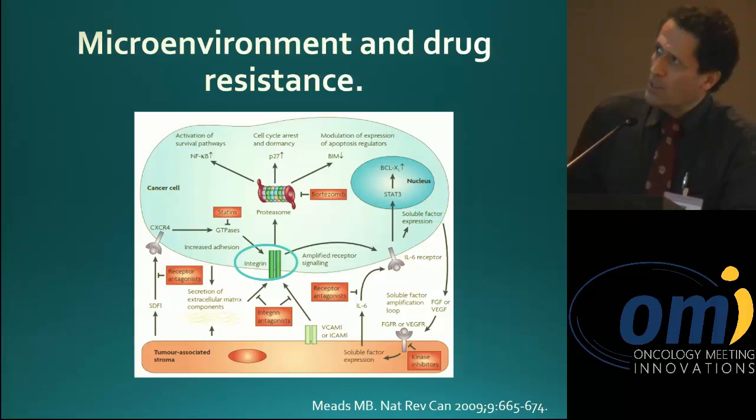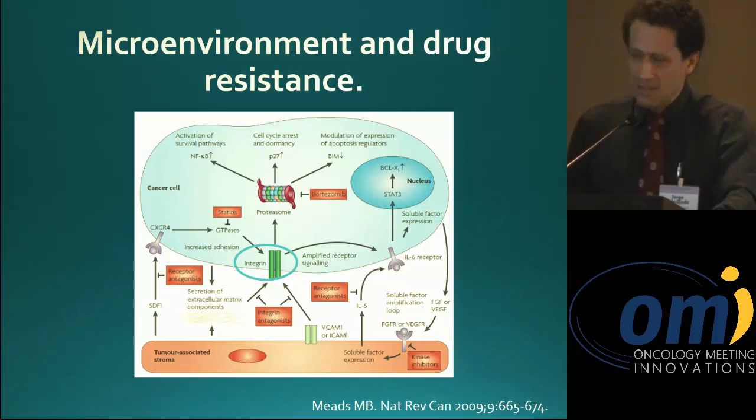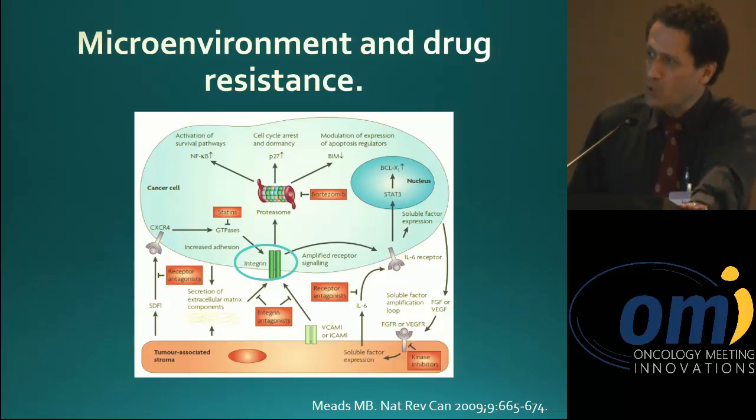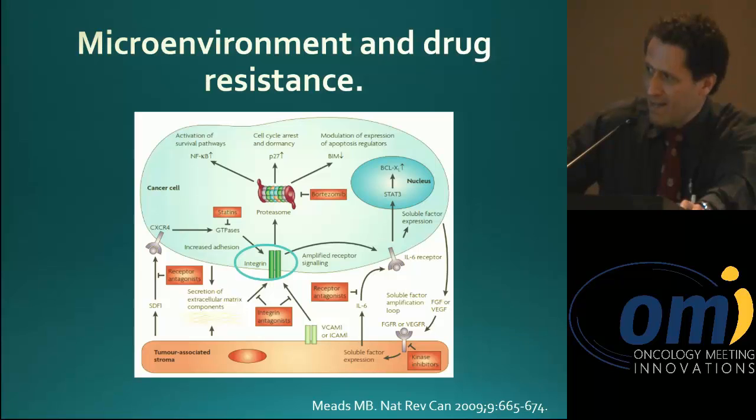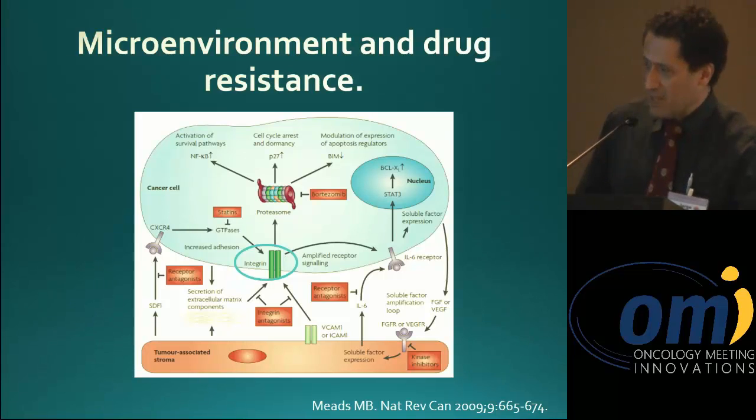The other point is drug resistance. In lymphomas, we have two types of drug resistance regulated by the microenvironment. The first one is the soluble resistance, made by the secretion of tumor-associated stroma, the secretion of growth factors, chemokines, and chemokine receptors that make the cell resistant to drugs.